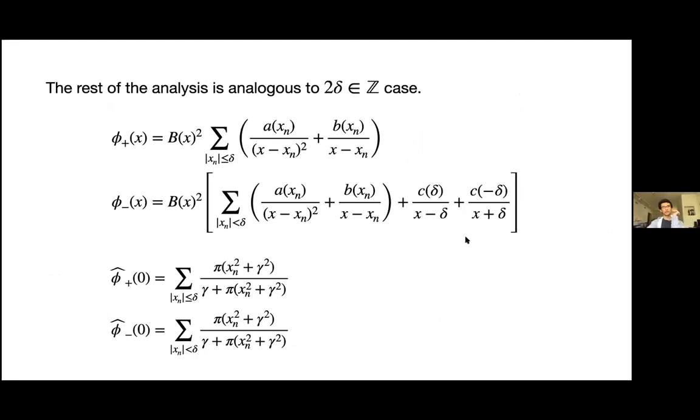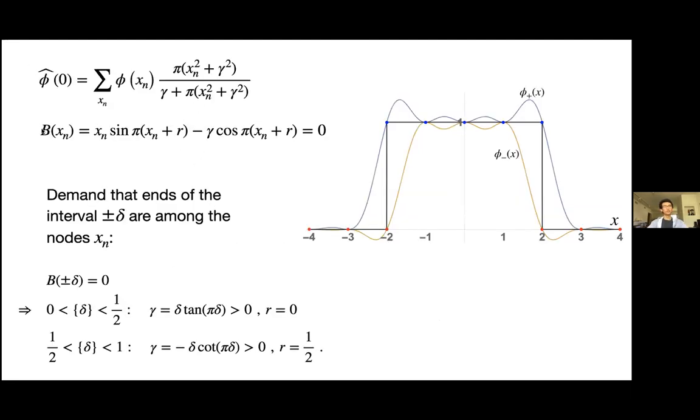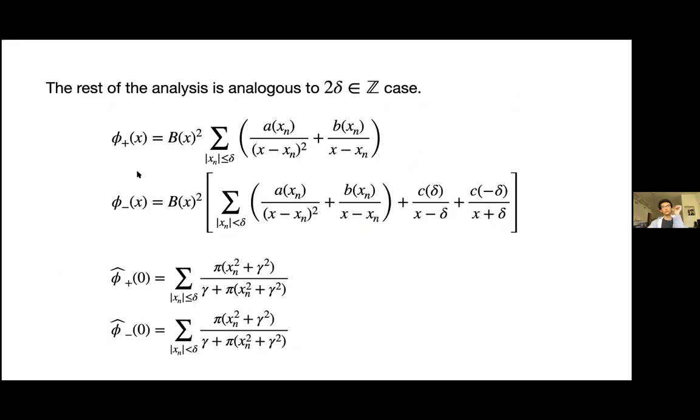So essentially, construct these functions phi plus minus. Just instead of sine squared, you have this function b here, which is 0 on these nodes. And then you also need to add some poles to cancel some of the zeros here.